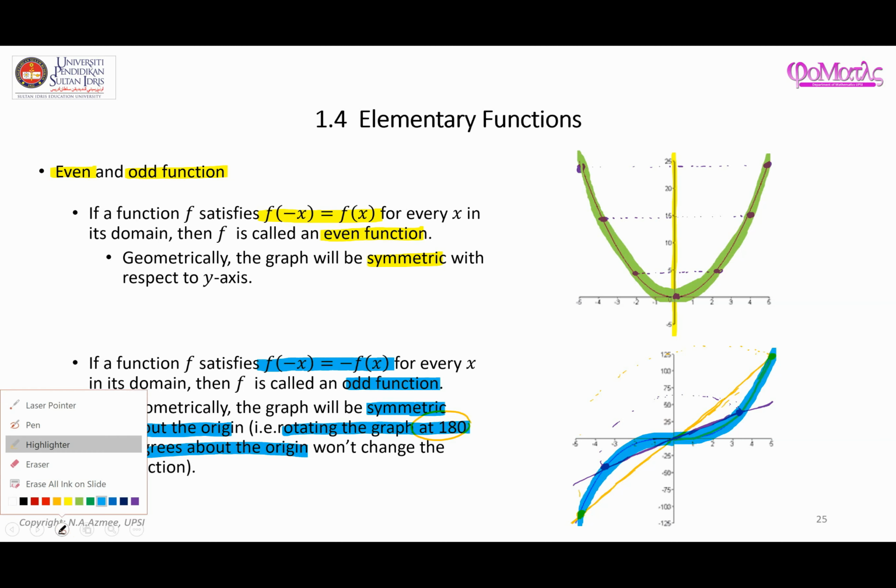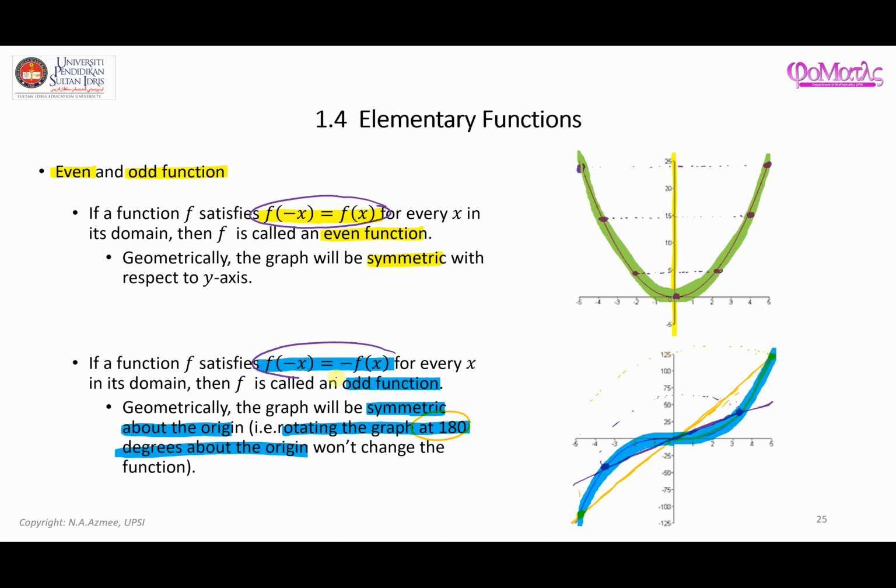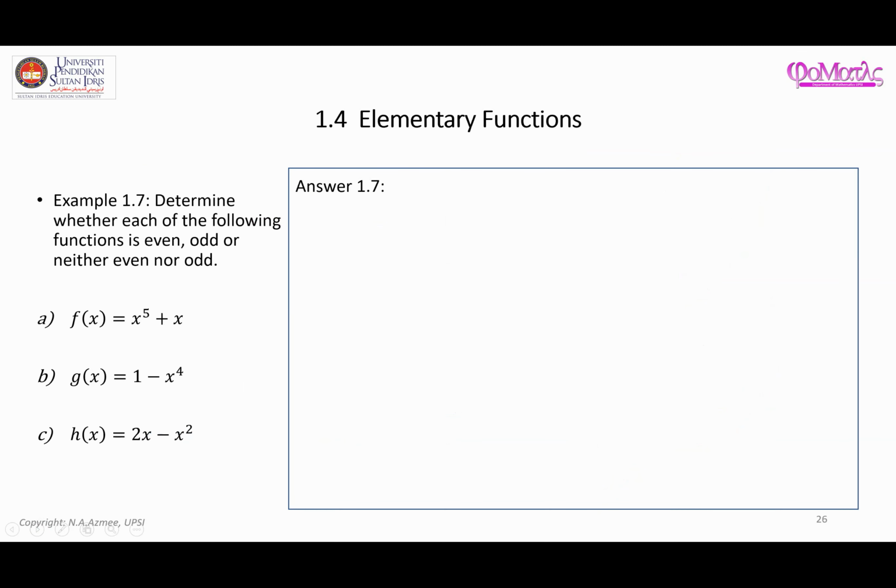Now we're going to pay closer attention to this part, and we're going to apply this information in order to solve example 1.7. In this example, you have to determine whether each of the following functions is even, odd, or neither even nor odd.